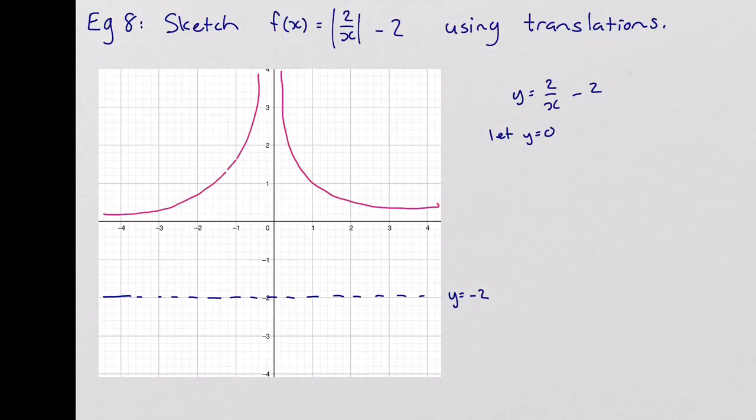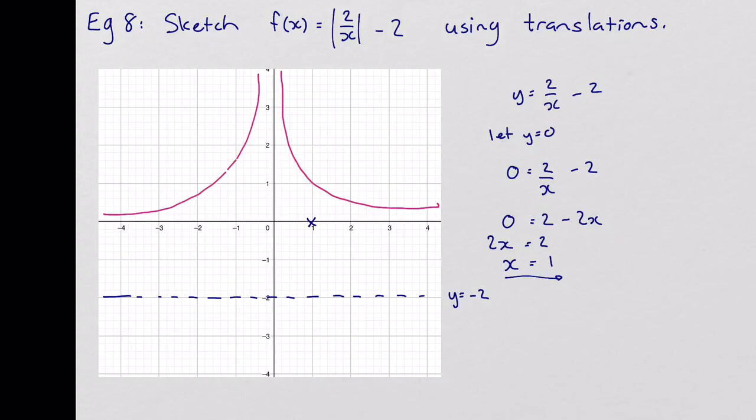Right, so if y is 0, we have 0 is equal to 2 over x minus 2. Multiply everything through by x, then we get 0 equals 2 minus 2x. Right, take over the 2x, we get positive 2x equals 2, therefore x equals 1. So it means our x-intercept of the new function is going to be 1.